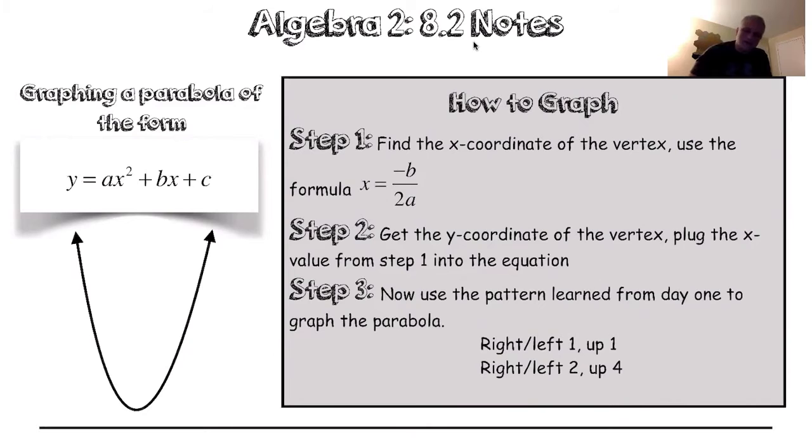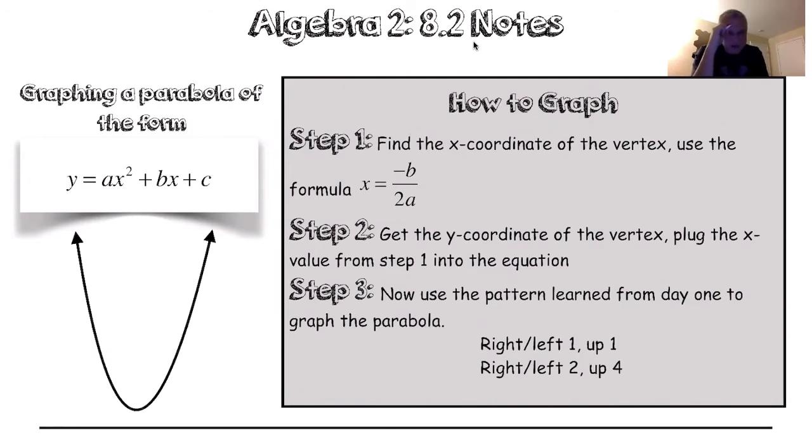Now we might have something in this form, like y equals 3x squared plus 4x minus 6. When we start throwing in x terms with the x squared terms, things can become a little bit more algebraically complex. That's something we can handle, and we're going to handle it with these 3 steps.